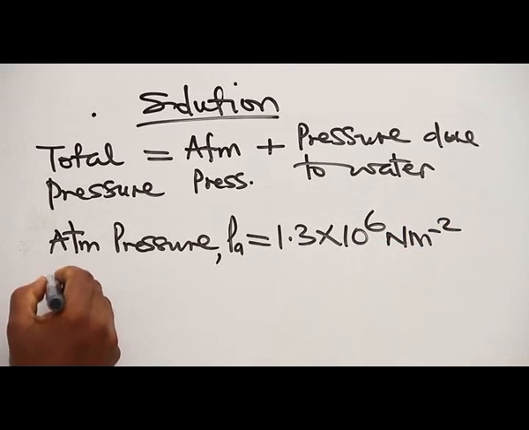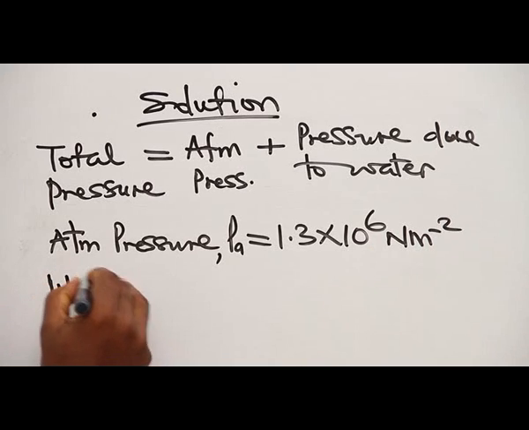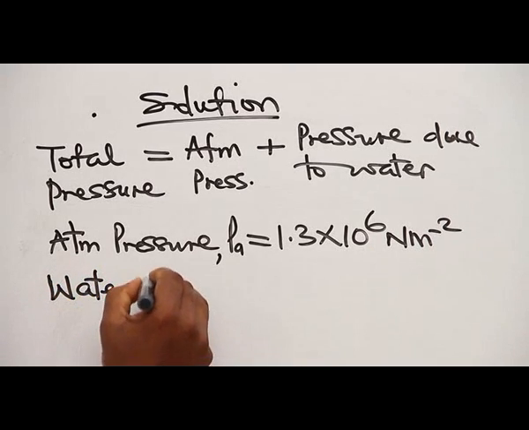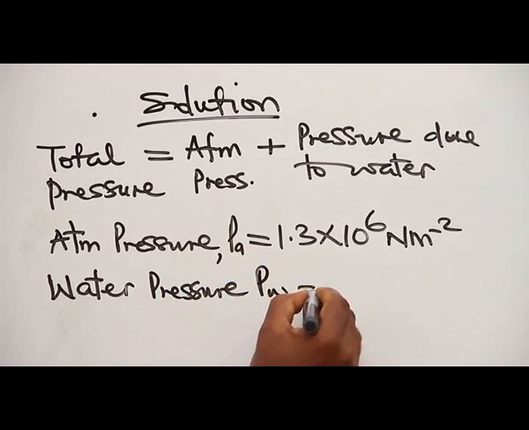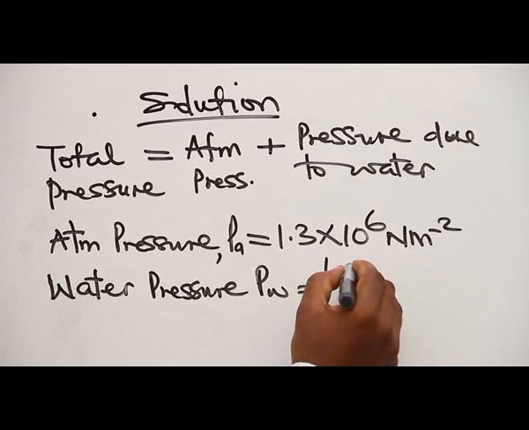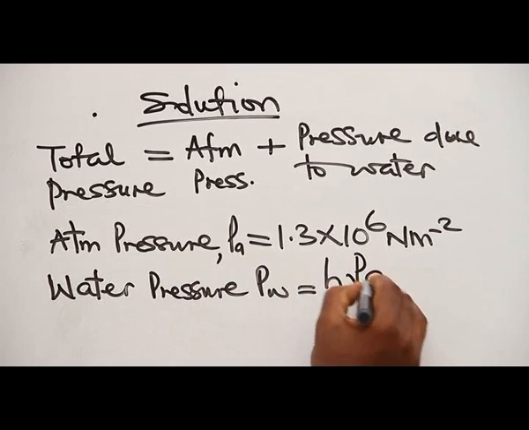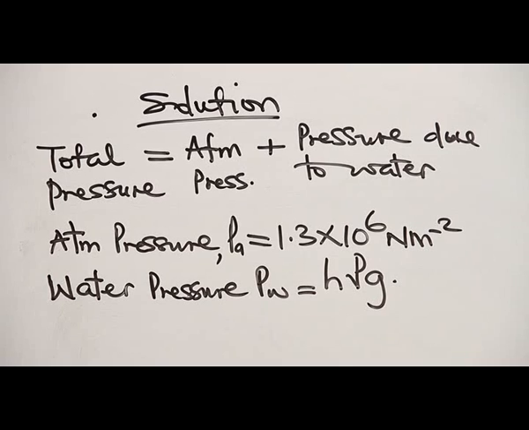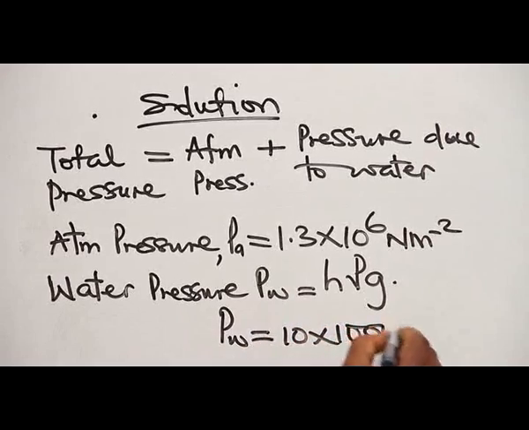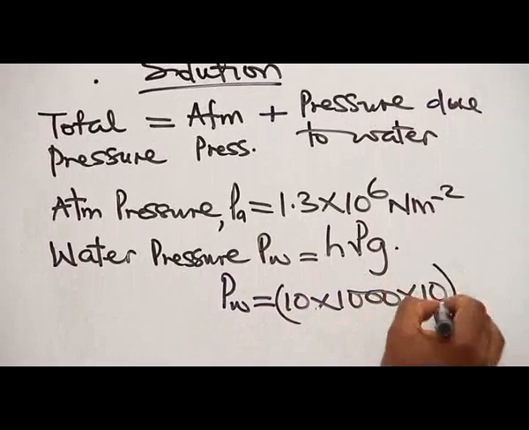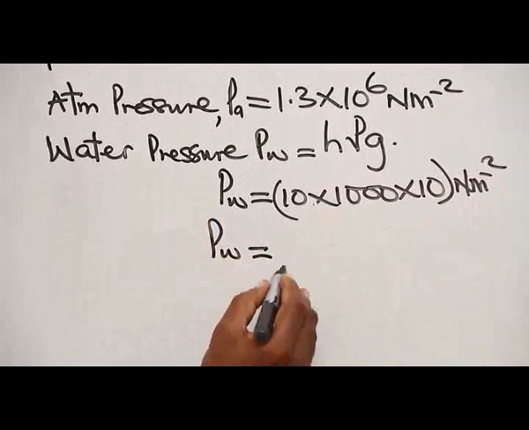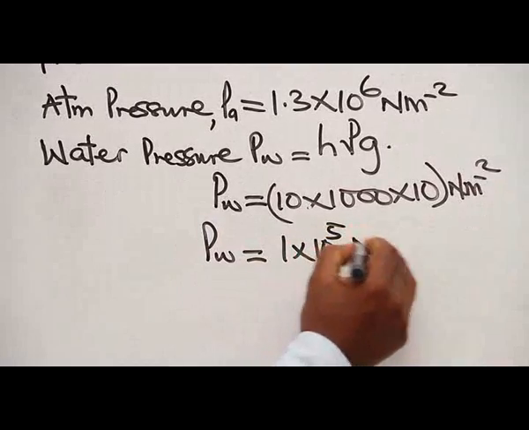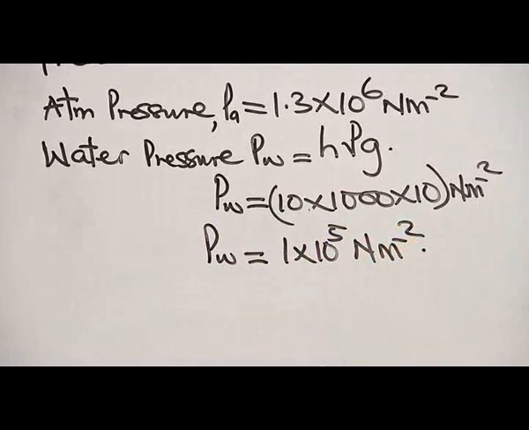We are also provided with information to calculate water pressure from the water in the ocean. This is equal to the depth times the density of water times acceleration due to gravity. Water pressure will give us 10 times 1000 times 10 Newton per meter square. Pressure of the water is 1 times 10 raised to power 5 Newton per meter square.